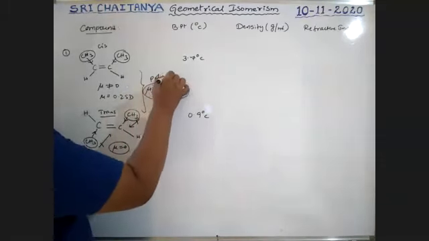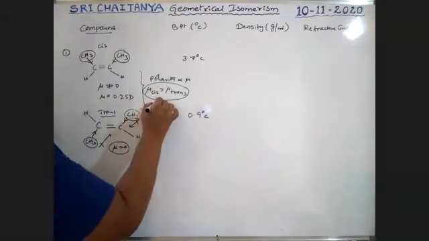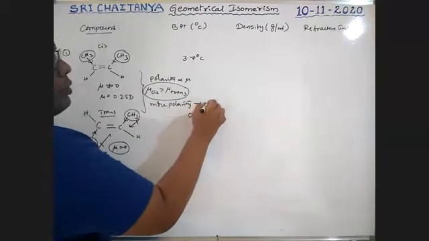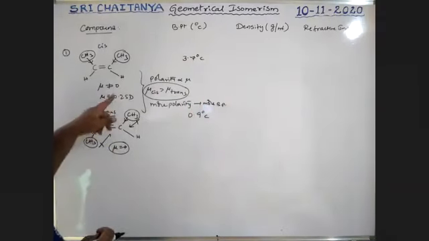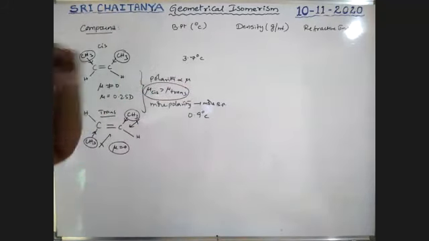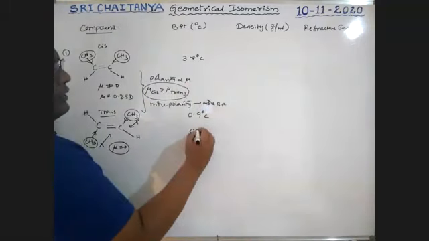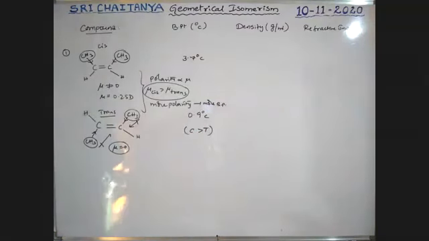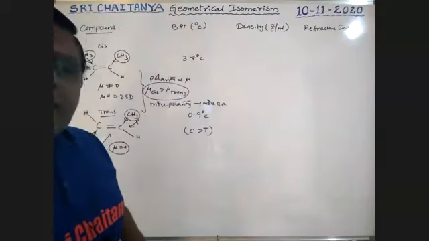Polarity is directly proportional to mu, and more polarity means more boiling point. Therefore the cis compound has more polarity and more boiling point, and the trans has less boiling point. So boiling point in this case is cis greater than trans.